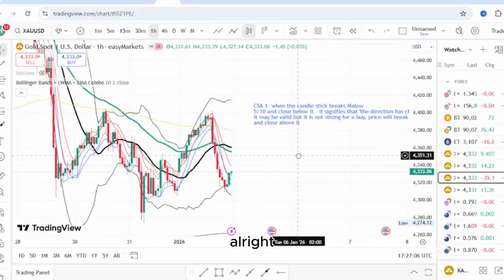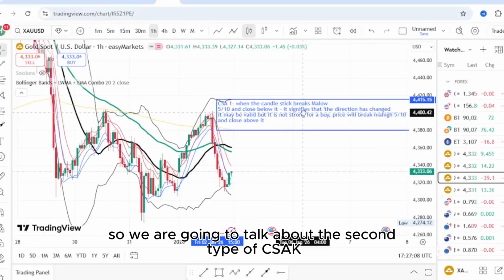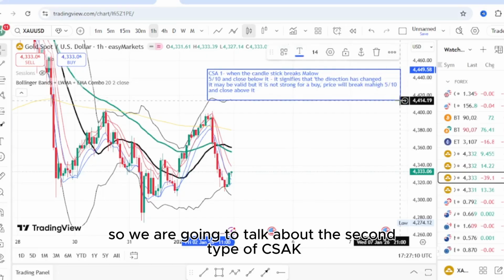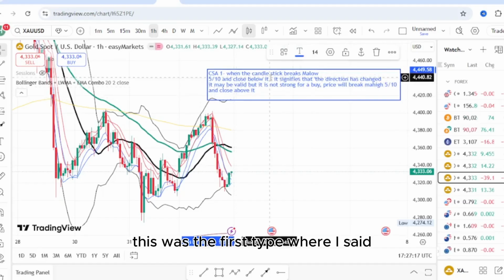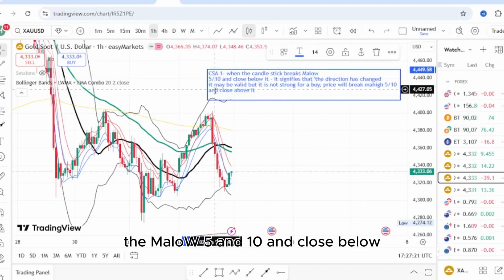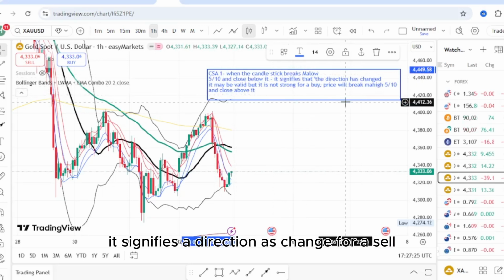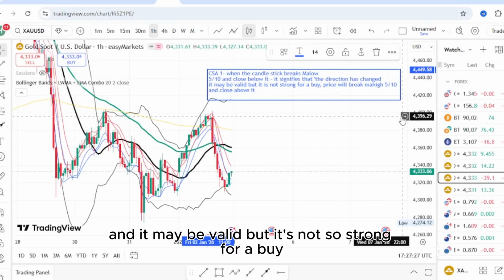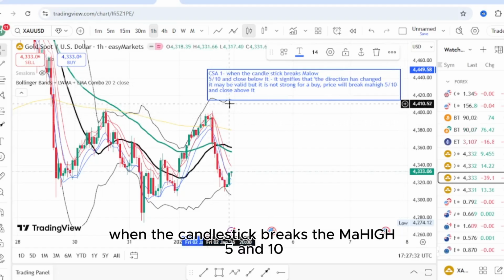All right. So we are going to talk about the second type of CSA. This was the first type, where the candlestick breaks the low 5 and 10 and closes below it. It signifies the direction has changed for a sell, and it may be valid but it's not so strong. For a buy, the candlestick breaks the high 5 and 10 and closes above it.